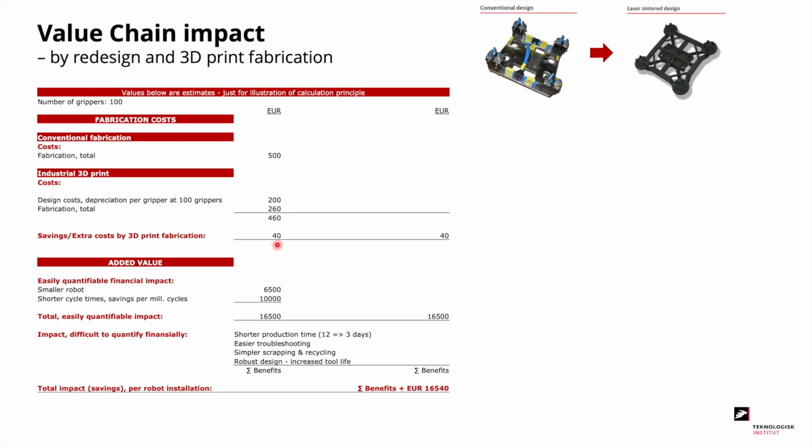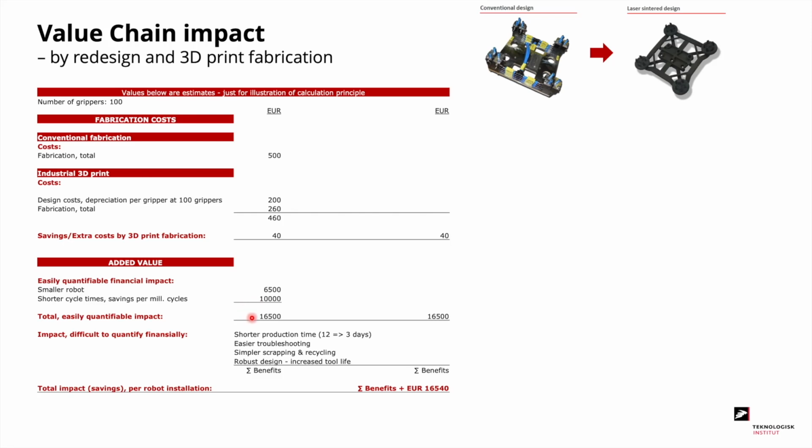But that's the least contribution in this case, because the added value you have for each installation, or each gripper, is that you save on the robot 6,500 euro. You have shorter cycle times, so per 1 million cycles you save 10,000 euro, summing up to 16,500 euro.